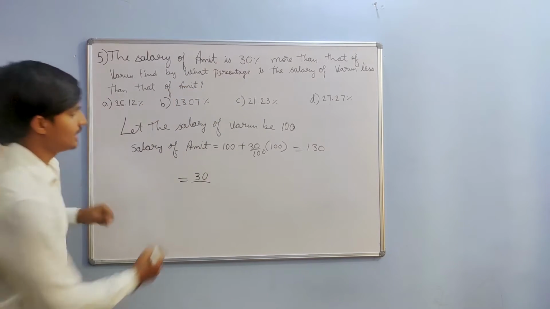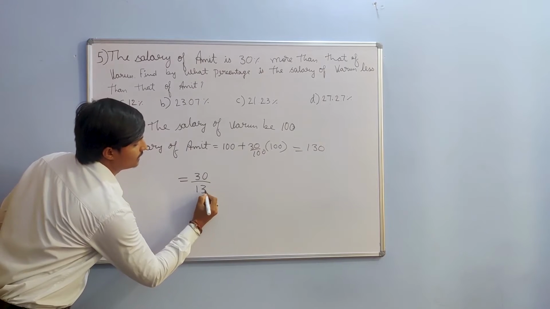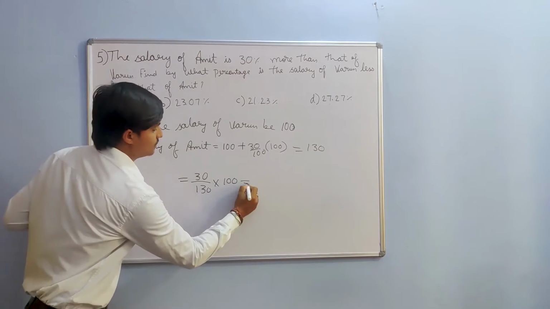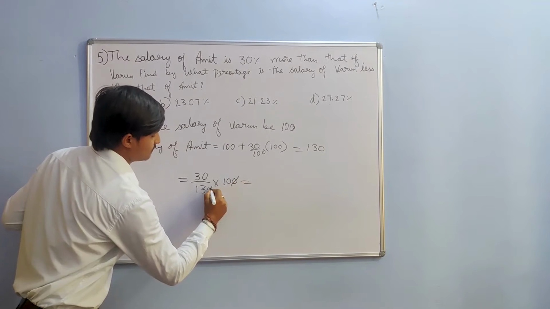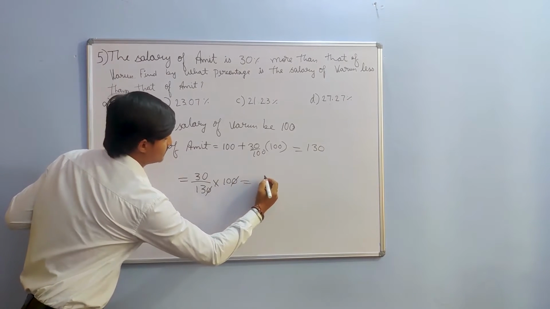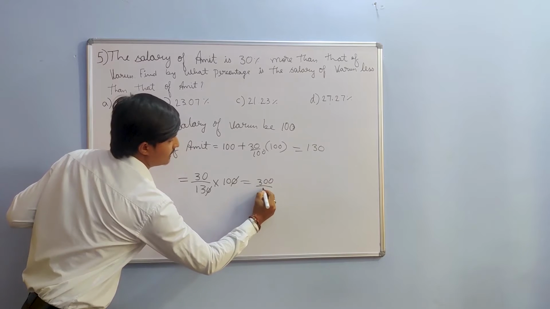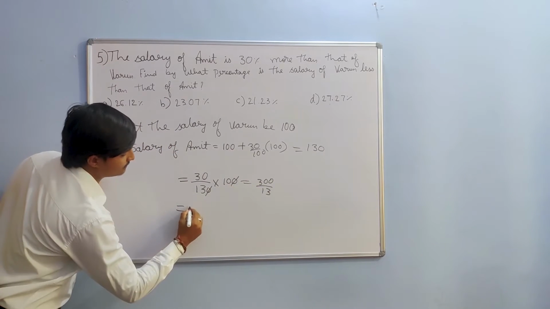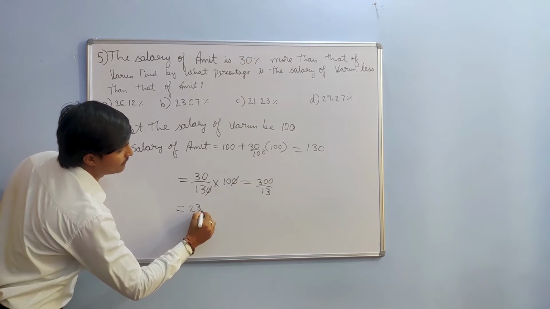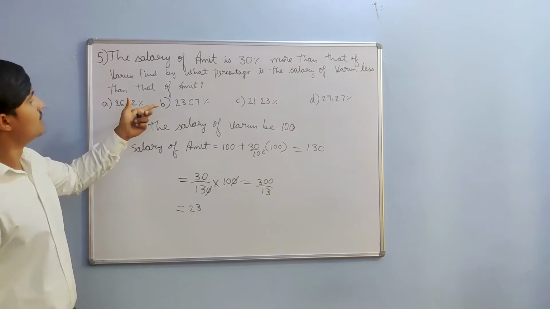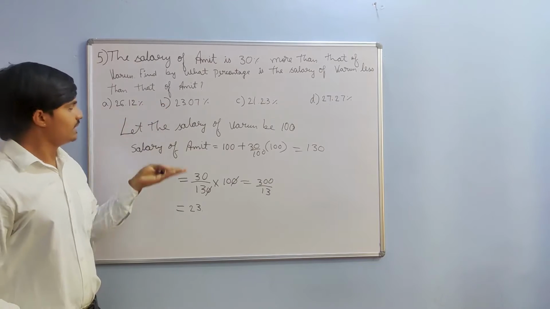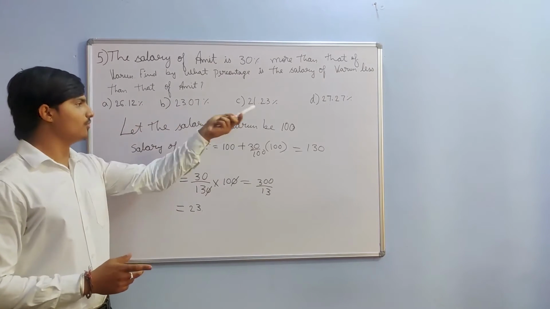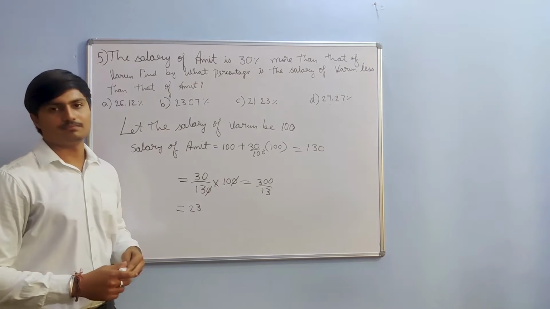So Amit's salary is 130, which will give you 300 by 13, that is equal to 23 point something. In the options, 23 something is in option B. So the answer is B. No need to go for the rest of the options.